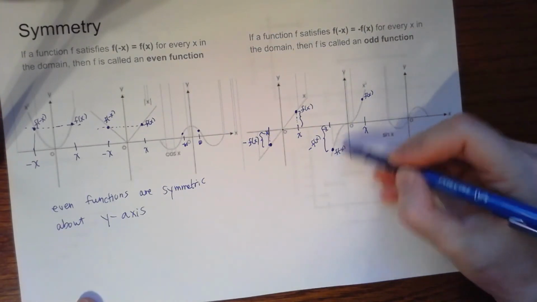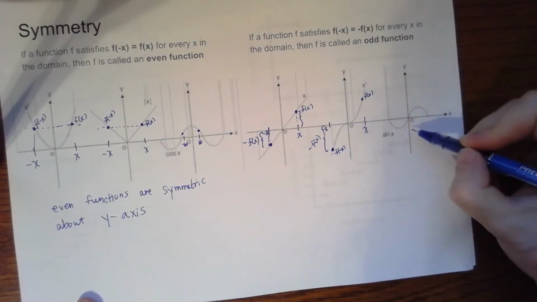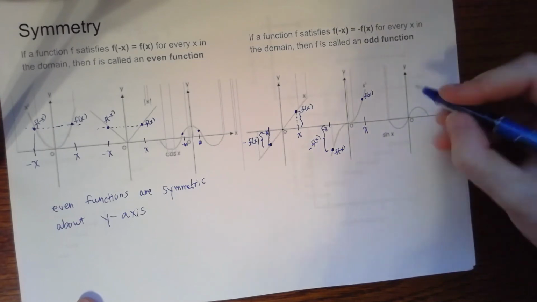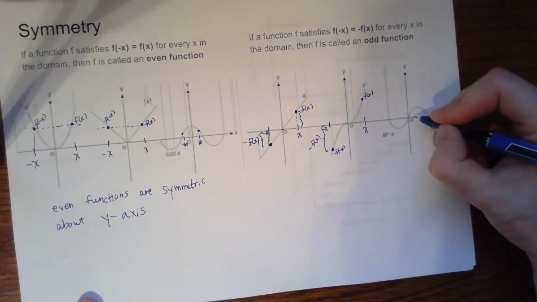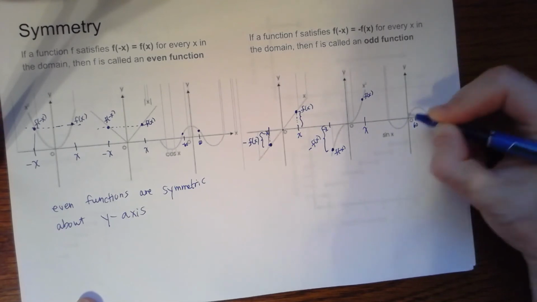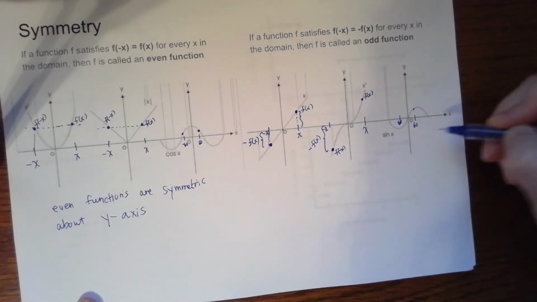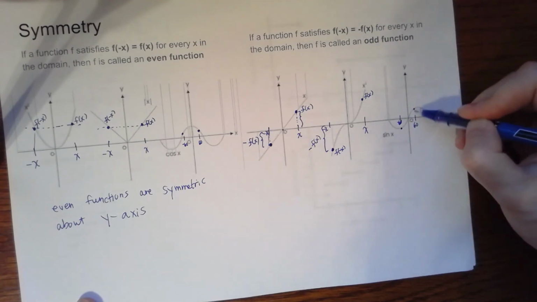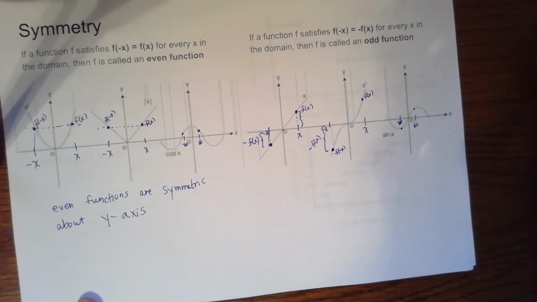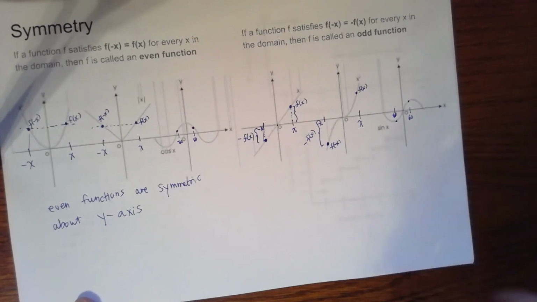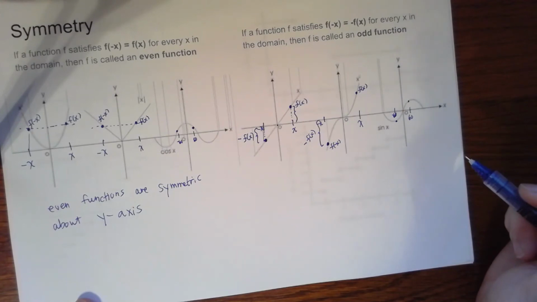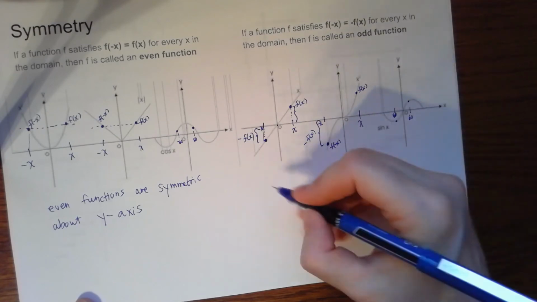This is like x cubed, that's another classic example, but we've also got the sine of x. If you go out to sine of 60 and sine of negative 60, you're going to have a positive value here and a negative value here, but the absolute values are exactly the same. This one obviously is not symmetric about the y-axis. It's also not symmetric about the x-axis, but it is symmetric about the origin.